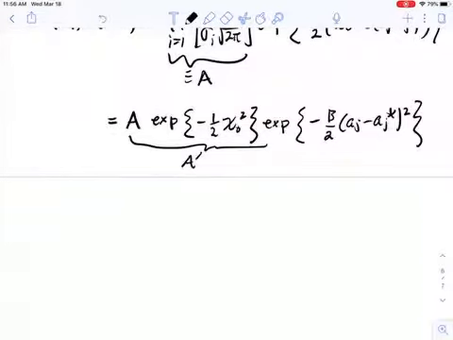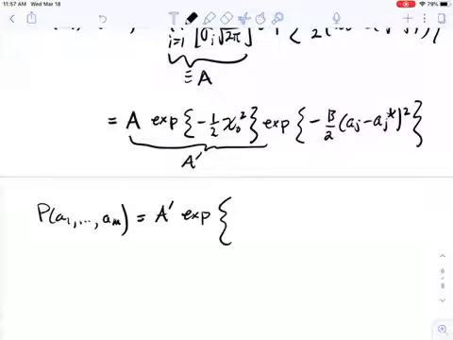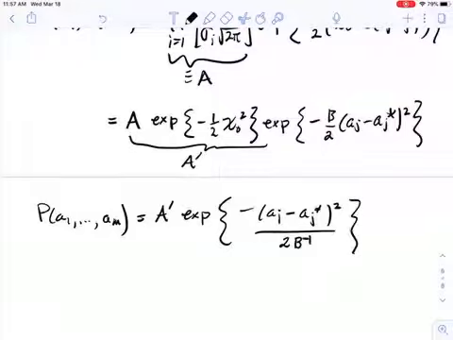And so our likelihood function then can be written as a prime times the exponential of, I'm going to do this in a little bit of a funny way. We have minus aj minus aj star squared over 2 times b inverse.